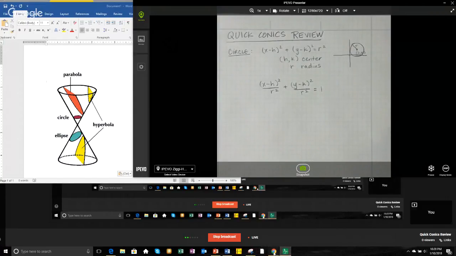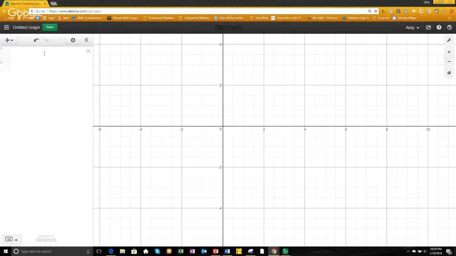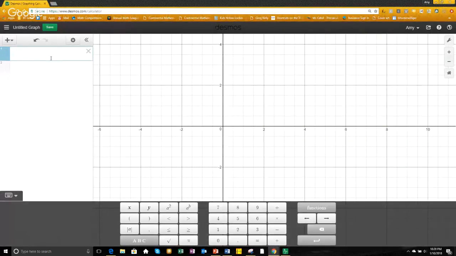is that I could go to Desmos and graph it. We'll have it centered at the origin just to play. So this would be x squared divided by r, and I'm going to add a slider r. Actually, it should be r squared, sorry.